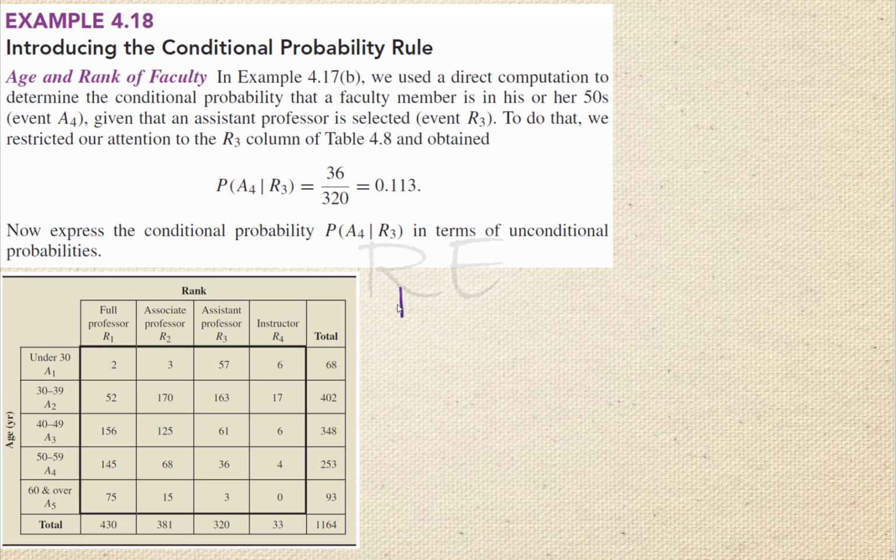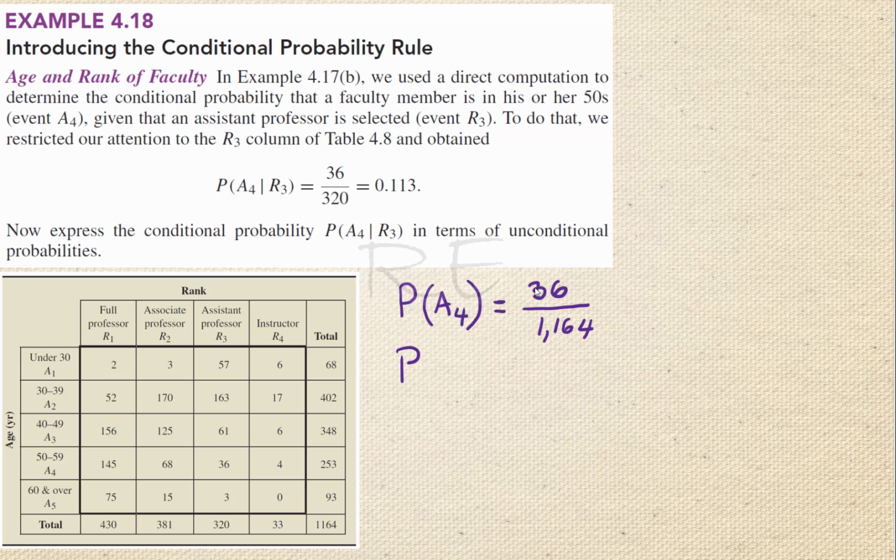4.18 is an explanation of how the whole thing works. If you don't want to use the formula for conditional probability, you could get the same thing in terms of unconditional probability. Here's how it works. The probability of an assistant professor in his or her 50s is 36 over the total number of faculty, 1,164.